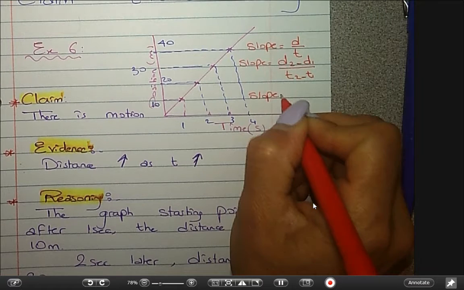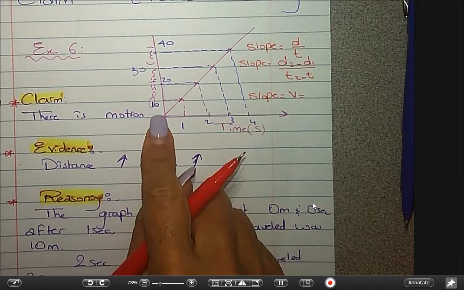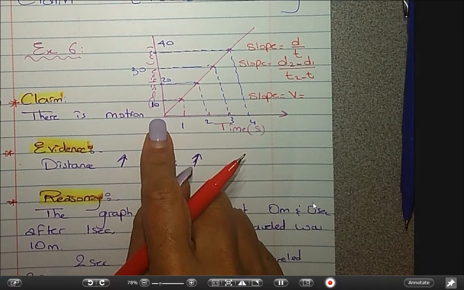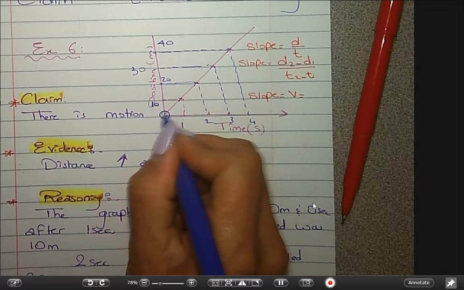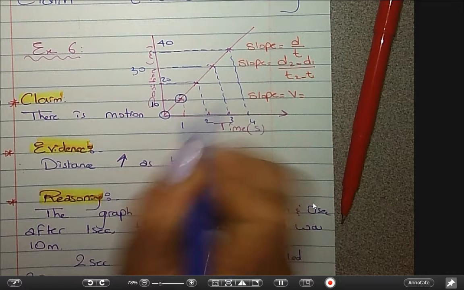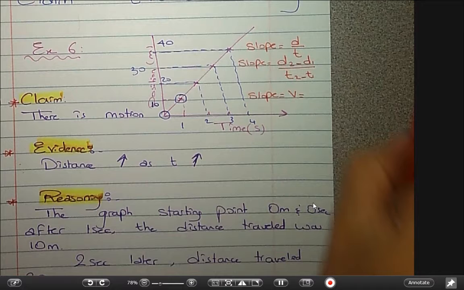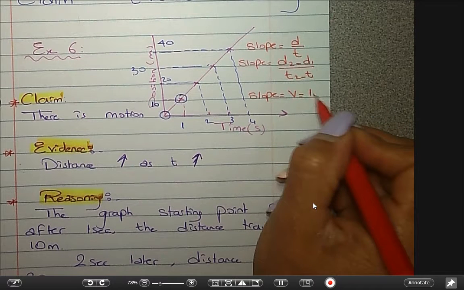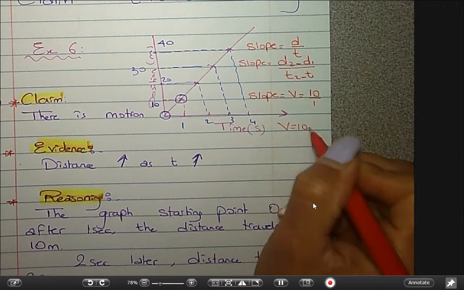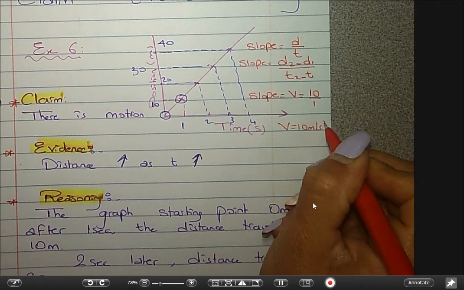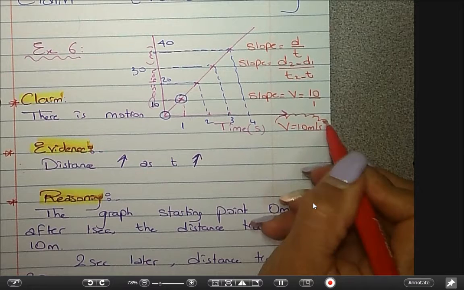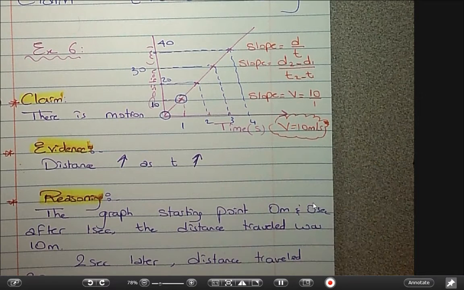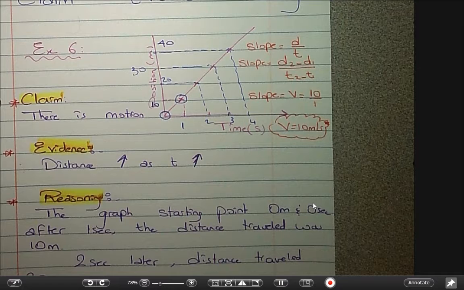So the slope is equal to velocity. As I said, you pick the easiest point, which is 0. You can pick any 2 points, but I'm going to pick 0, 0, and 1, 10. So it will be 10 over 1. Velocity is 10 meters per second. And remember, you have to write the unit. All right?